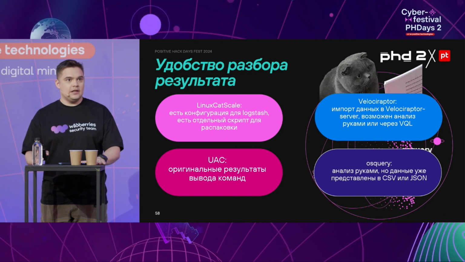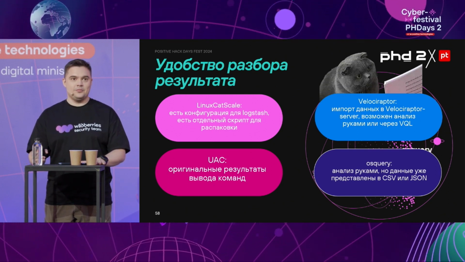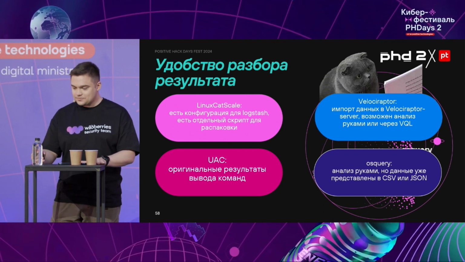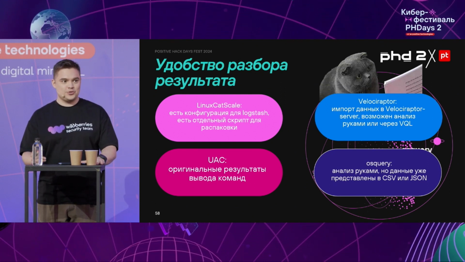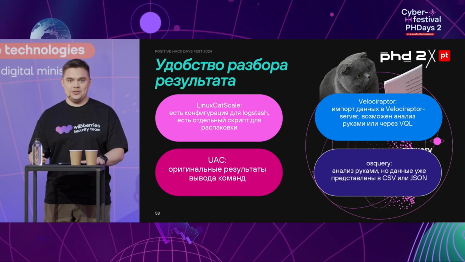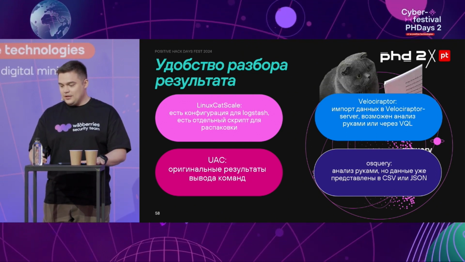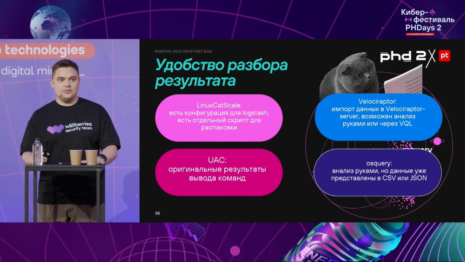Convenience of reviewing results. It is pleasant when a tool does something to make the life of the analyst easier. Linux Catscale gives us a Logstash configuration so that you could analyze the results in Kibana or in Elastic. UAC is the most conservative.